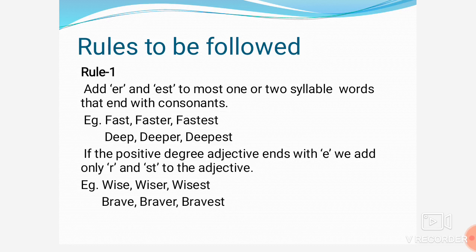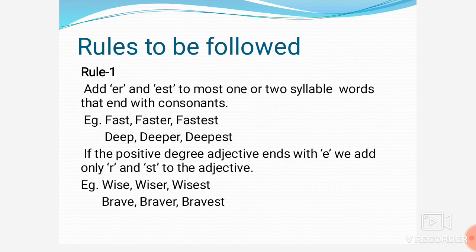So the first rule says that when you change the positive degree adjective to a comparative and superlative, we add er and est. To which word? The word that has got one or two syllables, and remember it ends with a consonant.